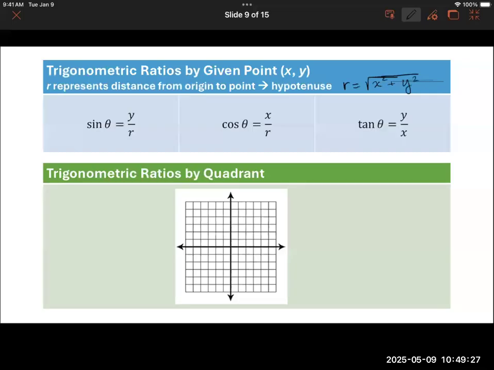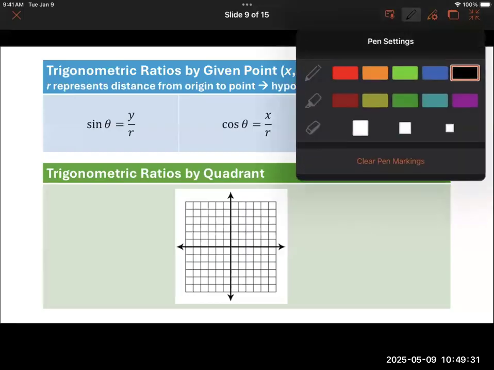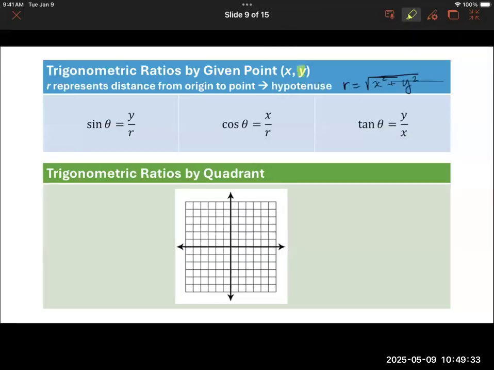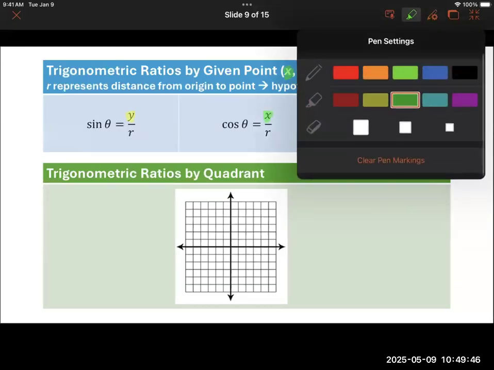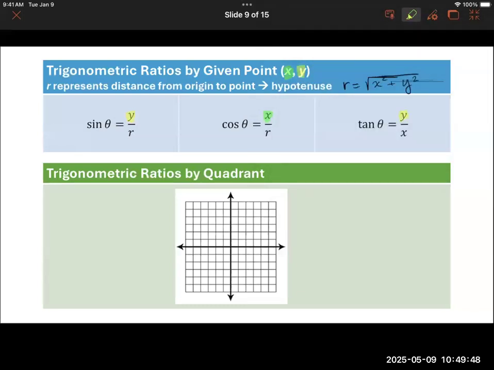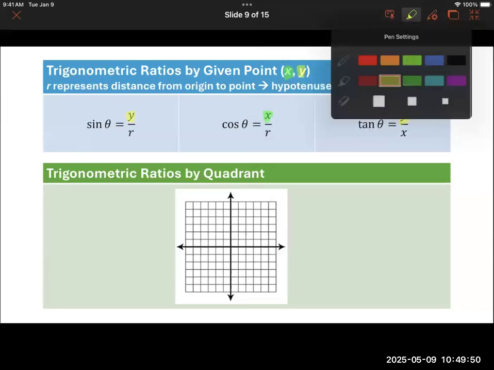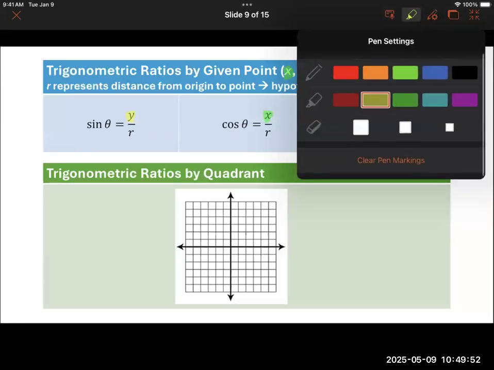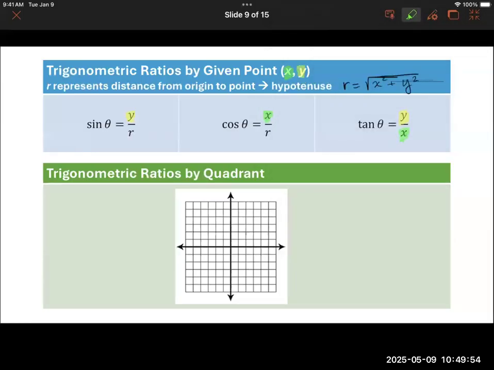And so the sine will always be the y coordinate over R. The cosine will always be the x coordinate over R. And then our tangent is always going to be the y over the x from that point. We don't need R for tangent.